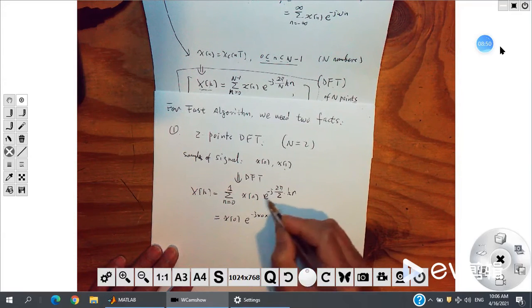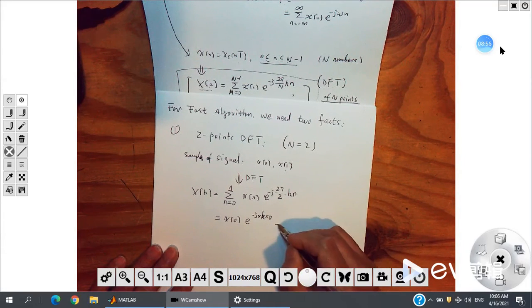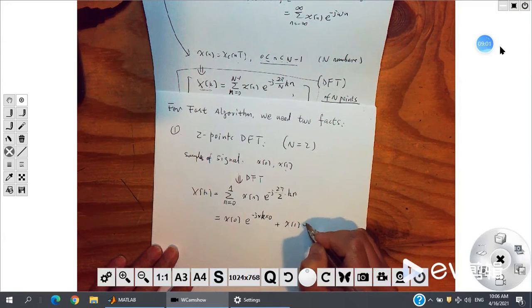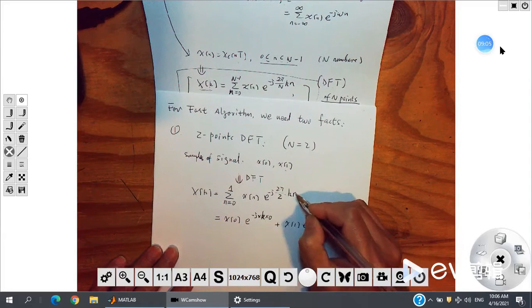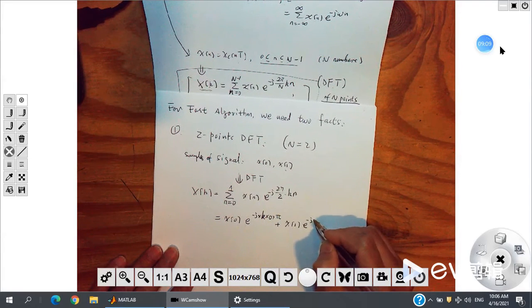Now k is k, and n is 0. The first term, n is 0, and the second term, n is 1, so x1 times e to the negative j, and I lost the pi. This is just pi, times k times n, where n is 1.